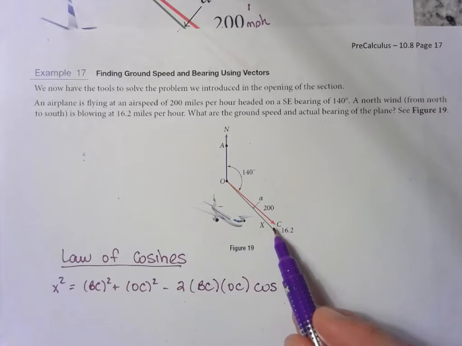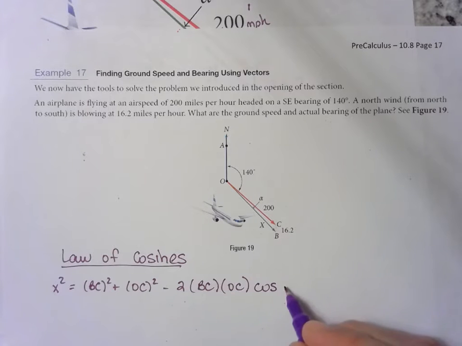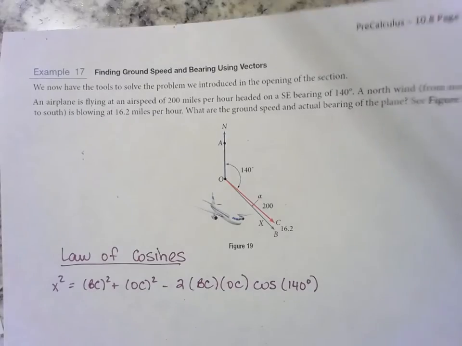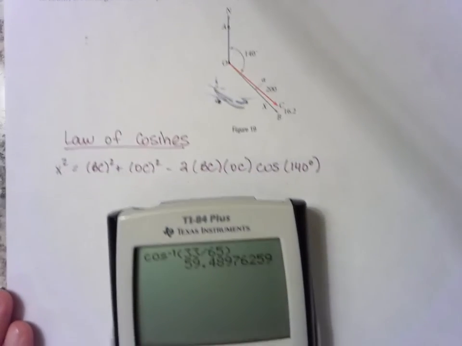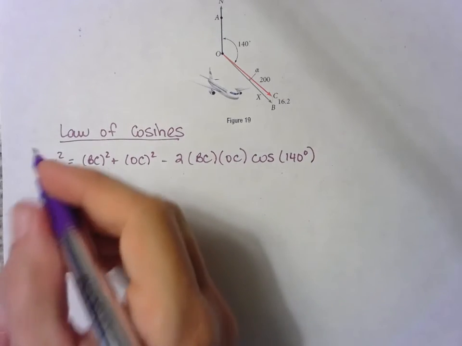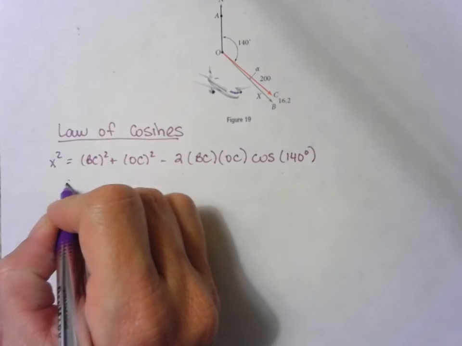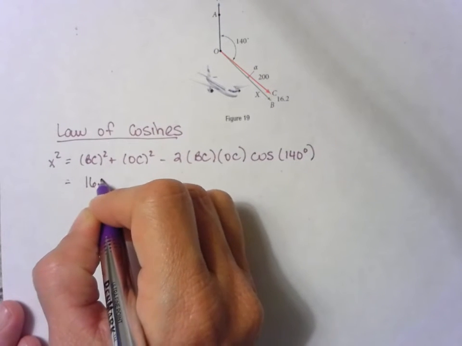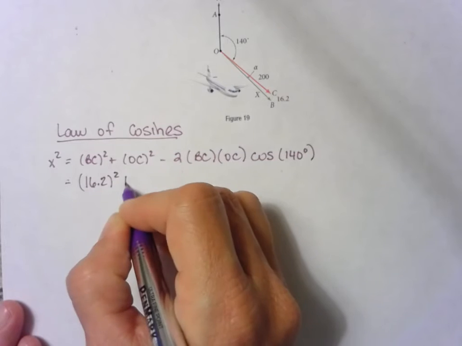That angle from where I showed you on the big picture was 140 degrees. Let's type all of this into our calculator and see what we get. Oh, I guess I need to put numbers in there, huh? So this is equal to BC, which is 16.2. OC is 200.